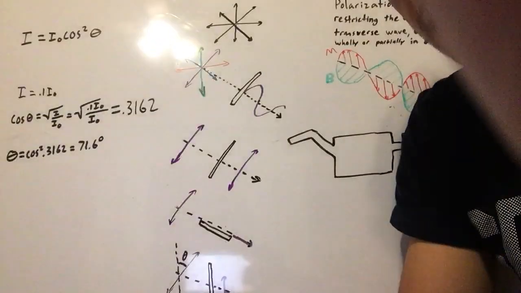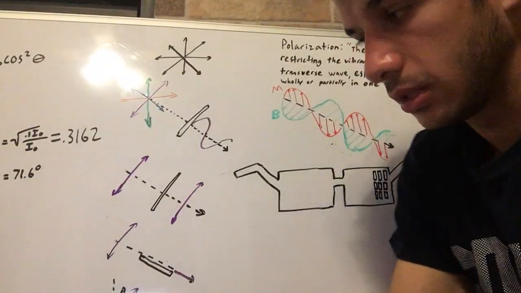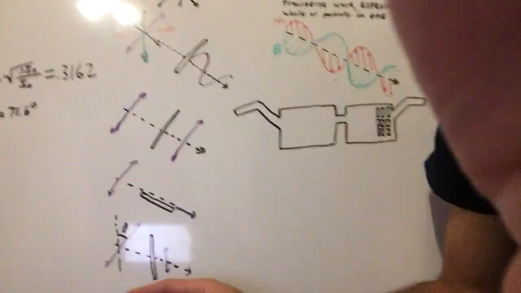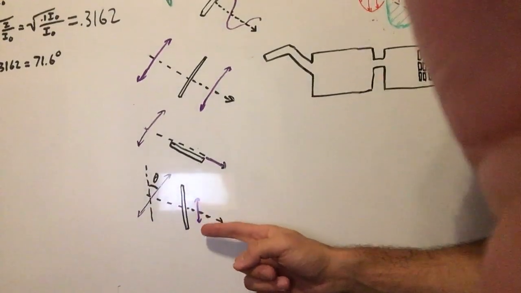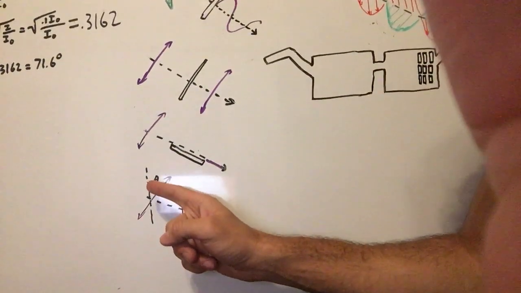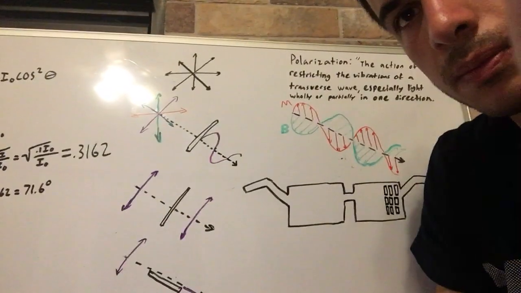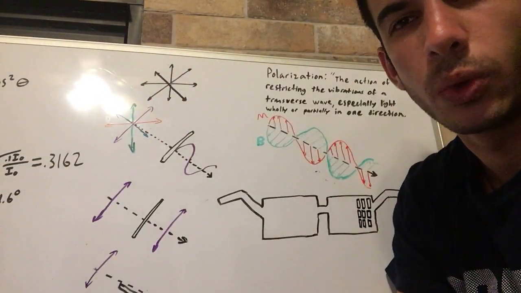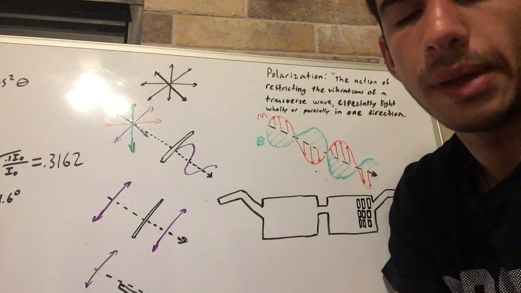That means if we take light oscillating in one direction and put it through a polarizing filter, and the angle between the two was 71.6 degrees, the resultant light would only be 10% as strong, or we would reduce that original light by 90%.